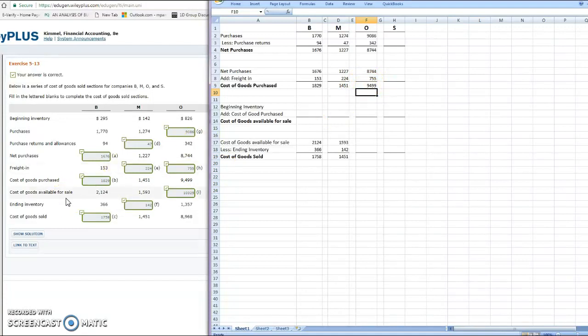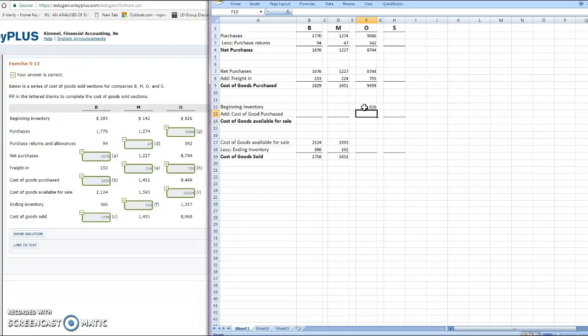Okay, the third thing they want us to figure is the cost of goods available for sale for Company O. We have this formula right here for the cost of goods available for sale. We are going to take the beginning inventory of $826.